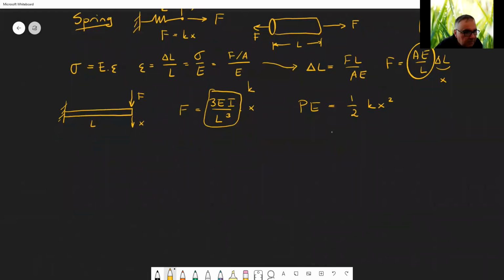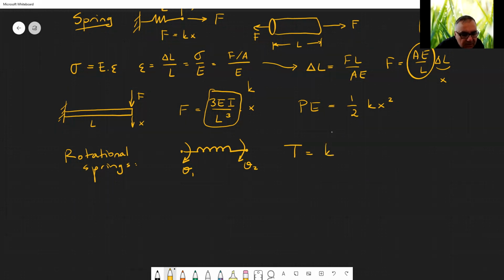And also we have the rotational springs, which store rotational energy, and we model them. Well, we sort of draw this kind of figure. Let's say this is theta 1 and this is theta 2. And usually the torque applied to this is Kt, the torsional spring constant, times theta 2 minus theta 1, or delta theta.